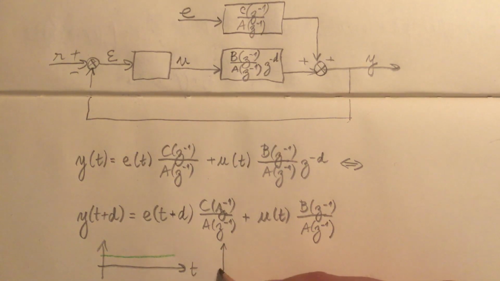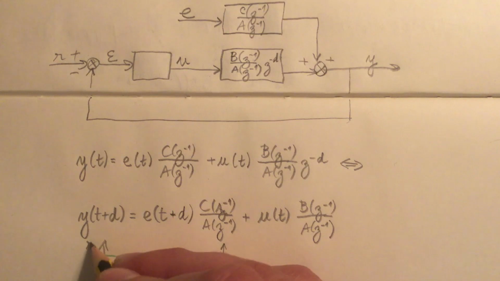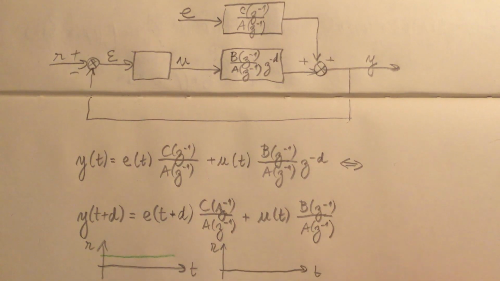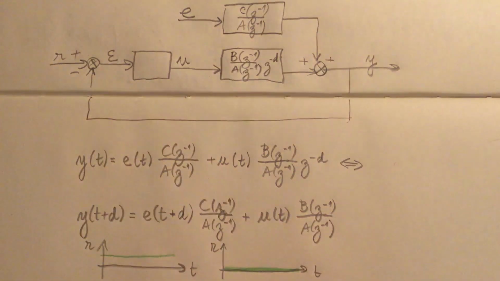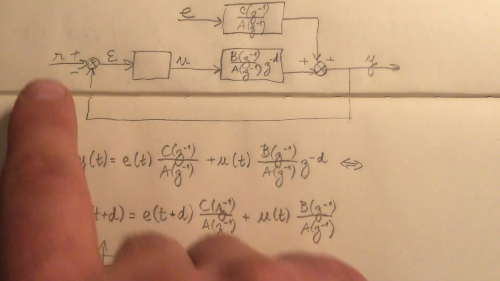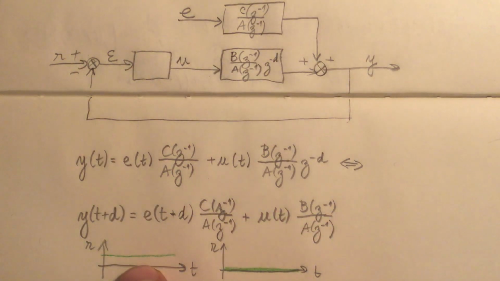This is because if the reference is constant, by means of a variable change, I can make it to be constant and equal to 0. So this will be the first case to consider, the case in which the controller is known as a regulator. Later on, we will then consider the case in which the reference changes with time and is no longer constant.